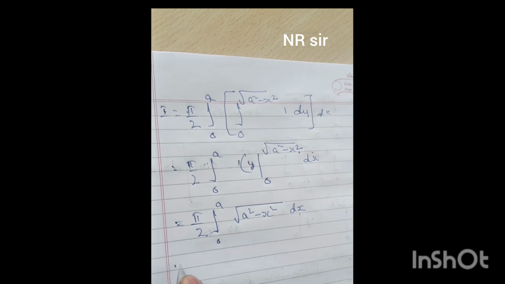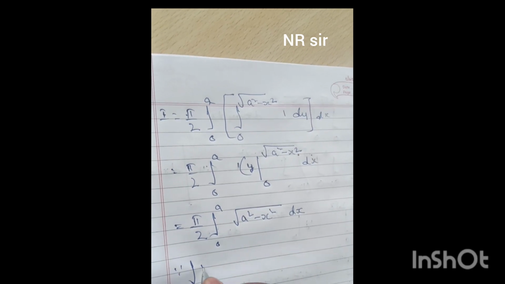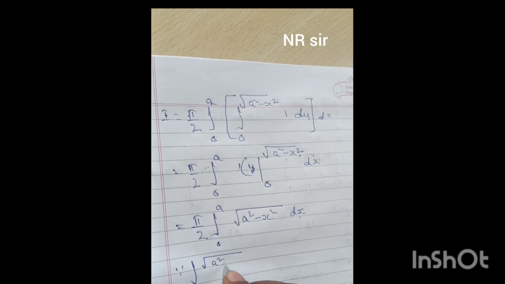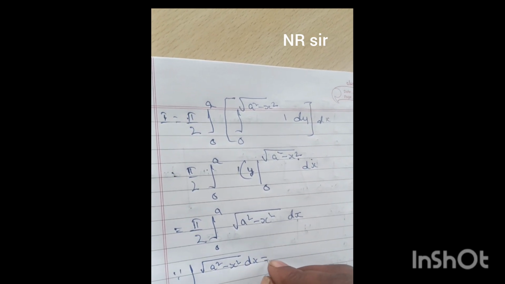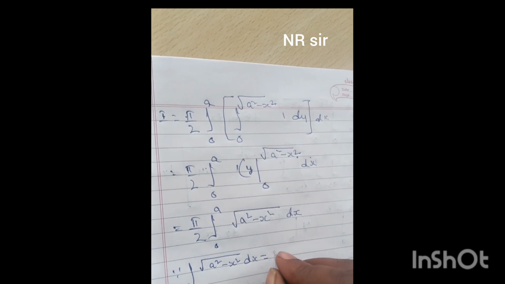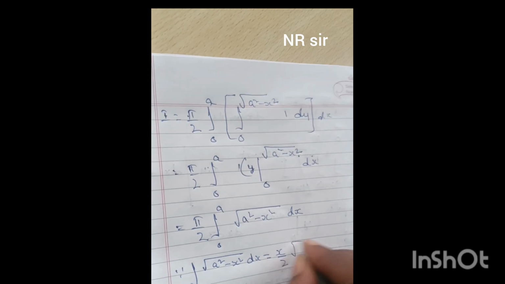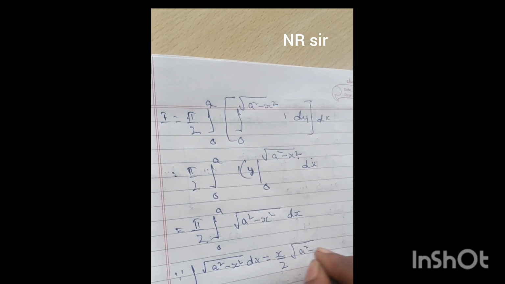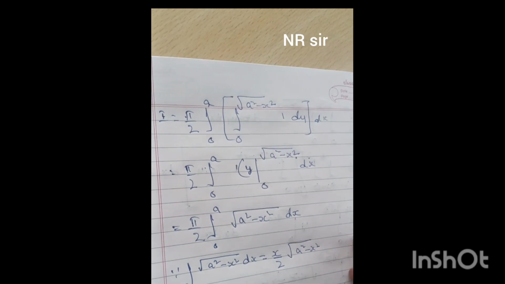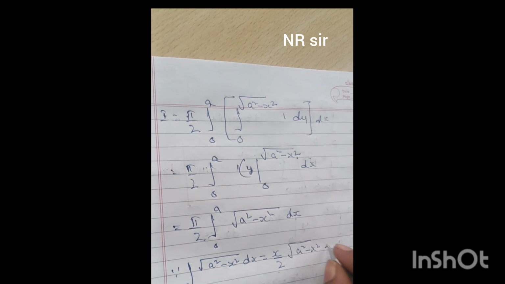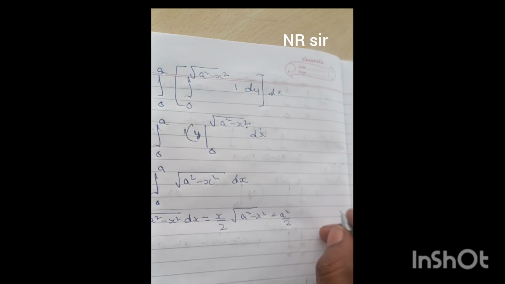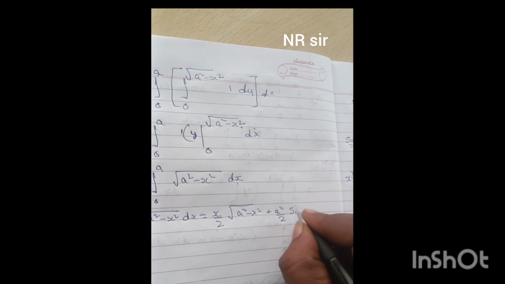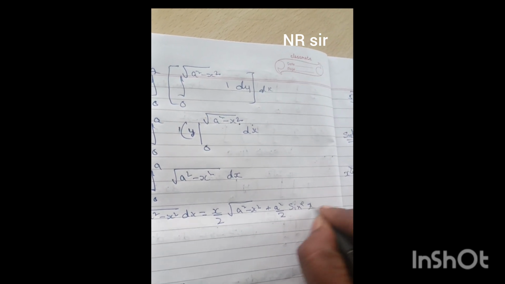So what is the formula? The integral of square root of a square minus x square dx is equal to x by 2 times square root of a square minus x square, plus a square by 2 sin inverse x by a.